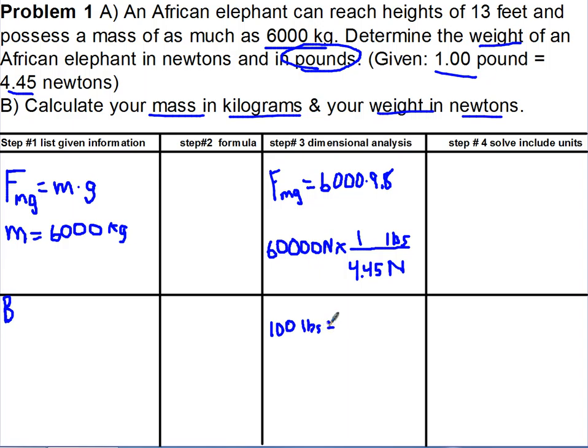You will multiply that by the conversion factor, and this time the newtons is what you want to find and the pounds is what you're given. So again, find over given. So you're going to multiply this time by the 4.45 over 1, and that's going to give you your newtons. So if you weighed 100 pounds, you would be 445 newtons as far as your weight goes.